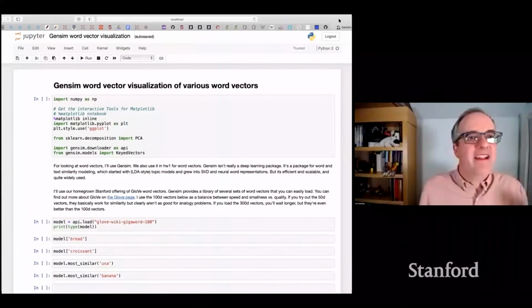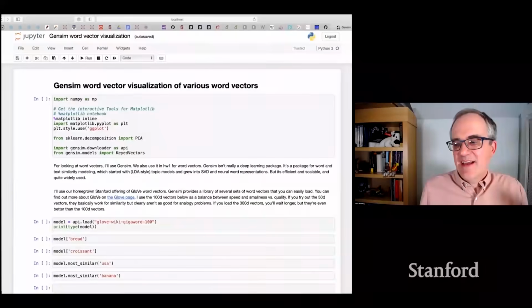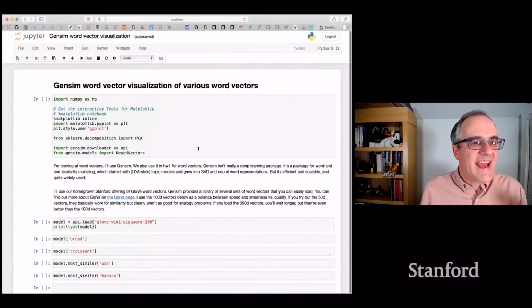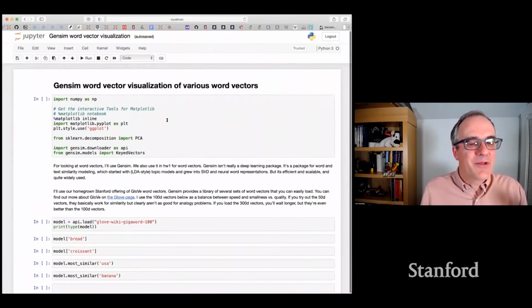I've gone on about this stuff a bit, but haven't actually shown you any of what actually happens. So I just want to quickly show you a bit of that with word vectors. Here's a simple little IPython notebook, which is also what you'll be using for assignment 1.